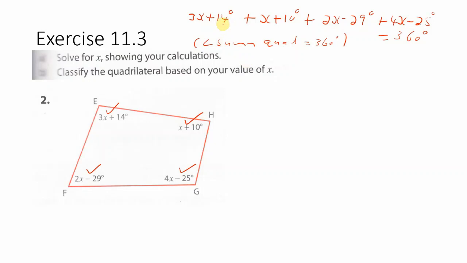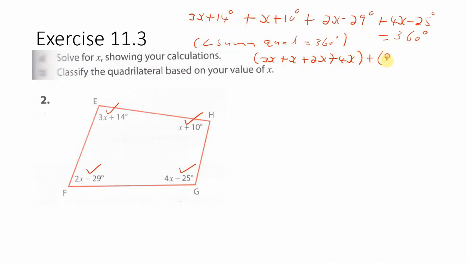So now we can group. So we have a 3x plus an x plus a 2x, plus a 4x. So all our x's are grouped. We can group all our numbers.